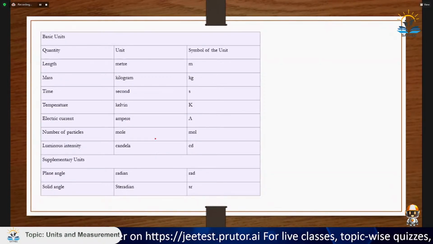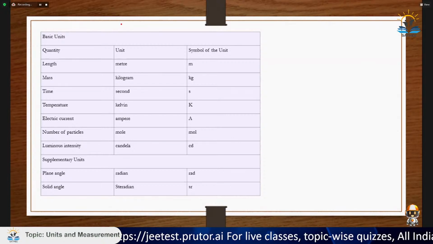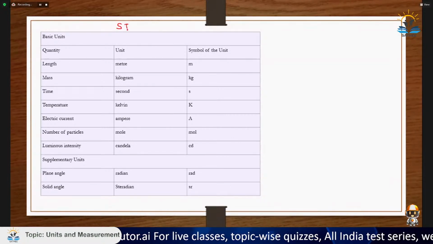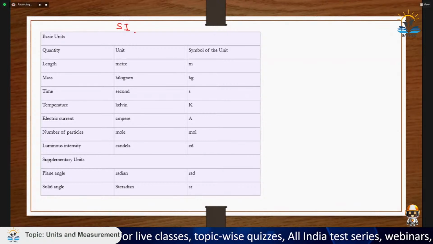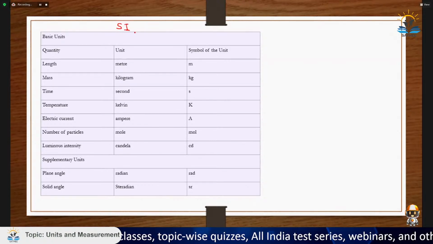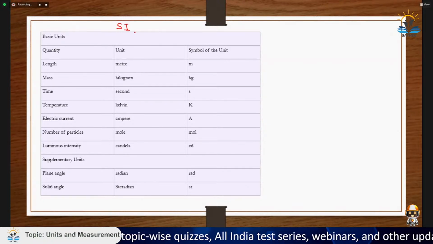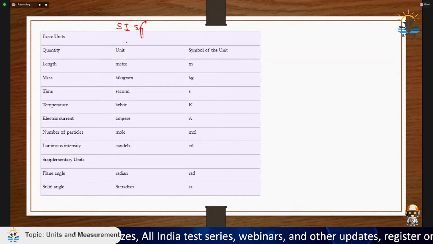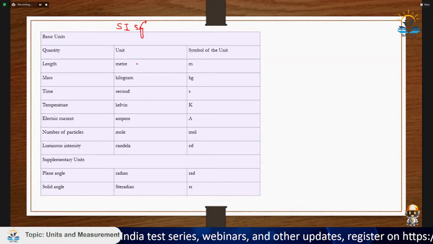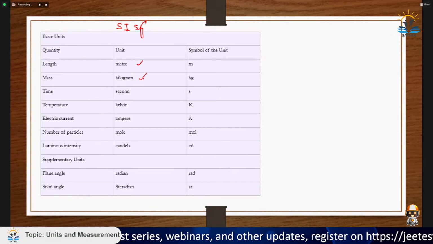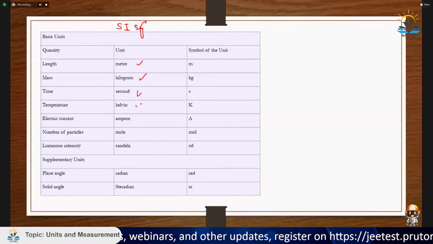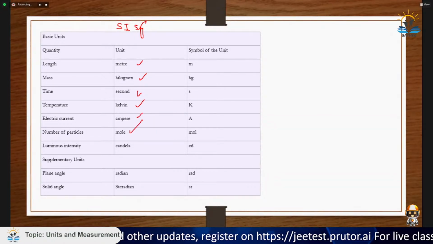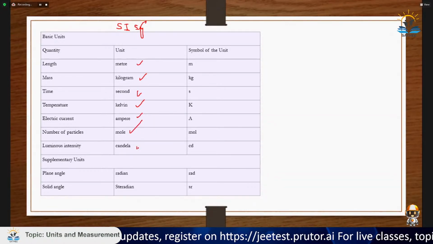Now some basic units, these are all for the SI system only. For length it is meter, for mass it is kilogram, for time it is second, for temperature it is Kelvin, for current it is ampere, for number of particles it is mole, for luminous intensity it is candela.